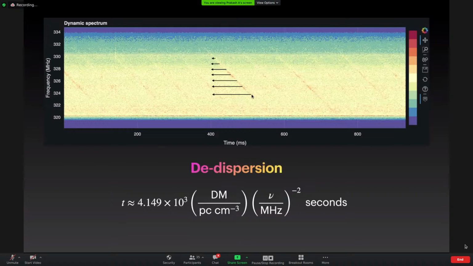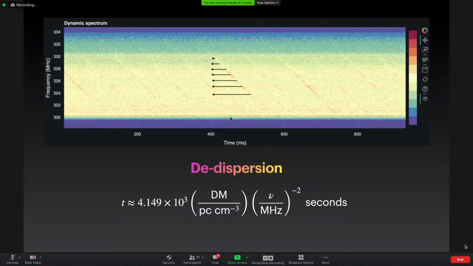If the delay comes to tens or close to 100, maybe even 100 milliseconds, then you'll have to advance that particular frequency time series. It is essentially a time series over here in frequency. So you'll have to advance it so that it gets aligned with the signal coming at higher frequency.